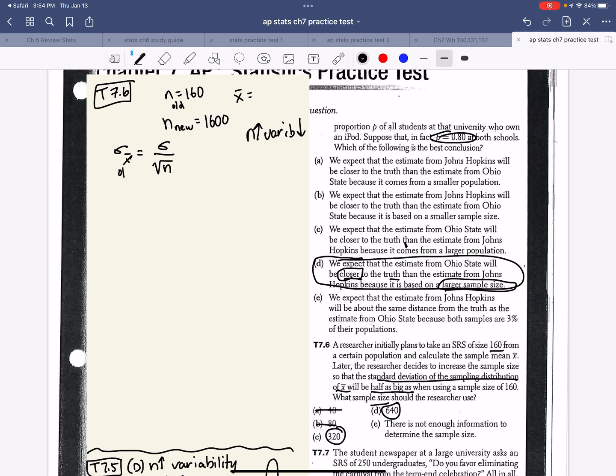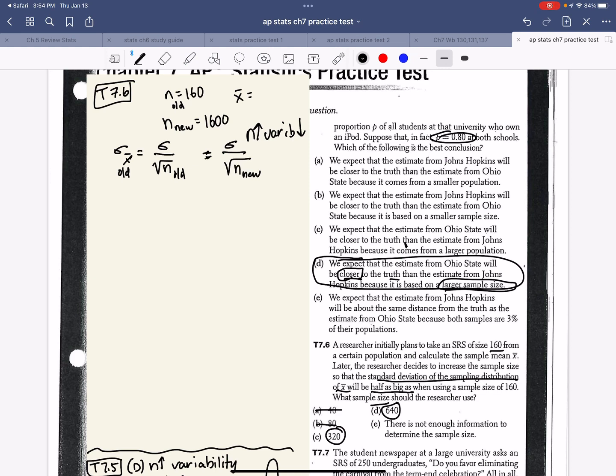So if I say my old one, it's now half as big as it was. So if this was my old one, then these two would be equal to the new one. But this one is half as big.